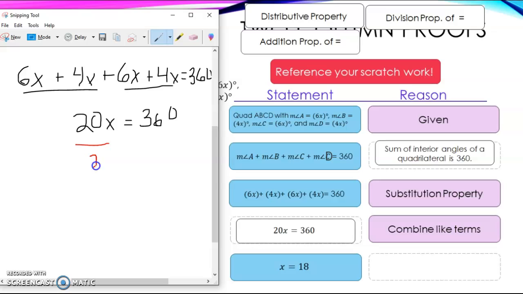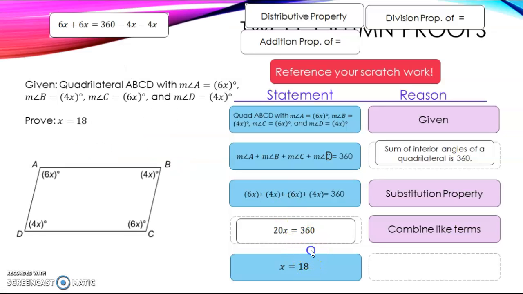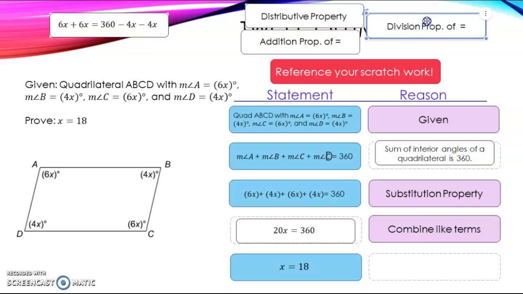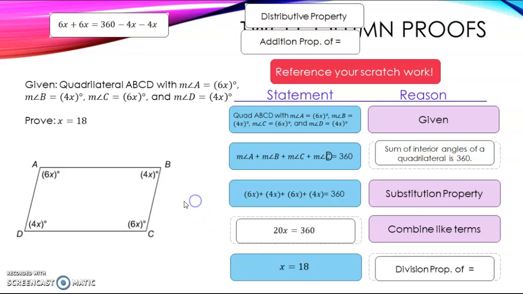They had to divide both sides by 20 to get there. 360 divided by 20, you can use a calculator if you want, gives us our 18. And so we use the division property of equality. And that is a brief introduction with a few examples of how to do two-column geometric proofs.